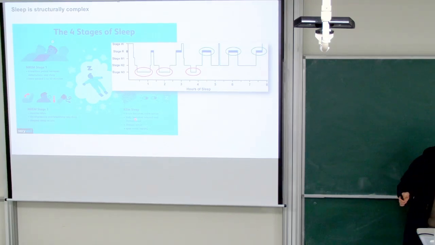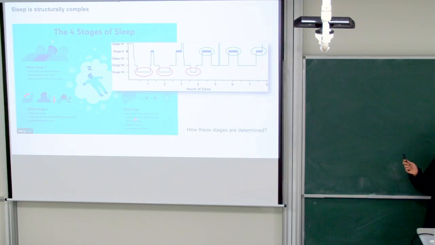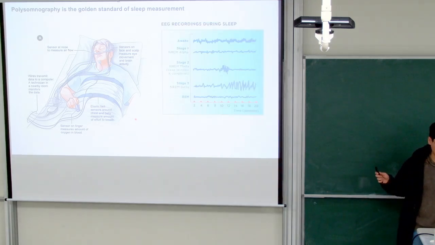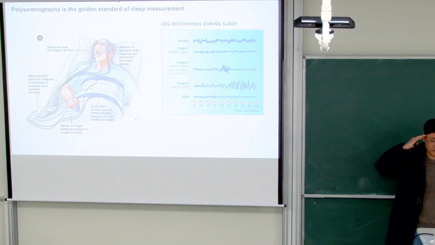Then you may ask, how are these stages measured? The golden standard of measuring this sleep stage is called polysomnography. I think most of you have heard of this thing, and the key part of determining the sleep stage is analyzing the brainwave, something called EEG.